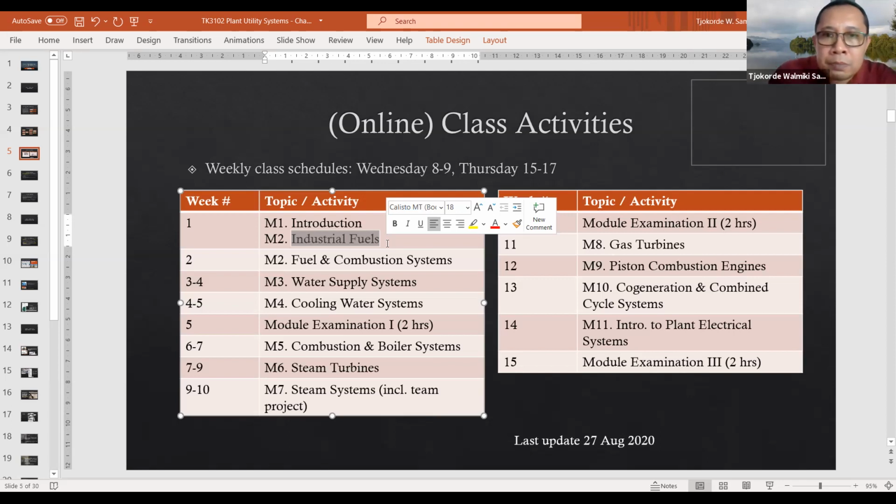So I will focus more on things that we do need to discuss, for example combustion chemistry, how to calculate LHV, HHV. As for the characteristics of fuel, I'm pretty sure you can read those on your own. That way we can still finish fuel and combustion system in week number 2.